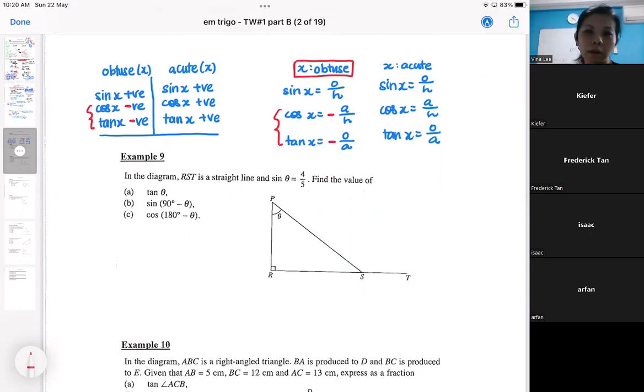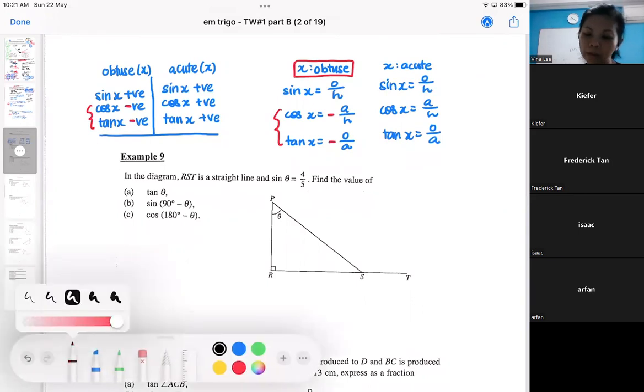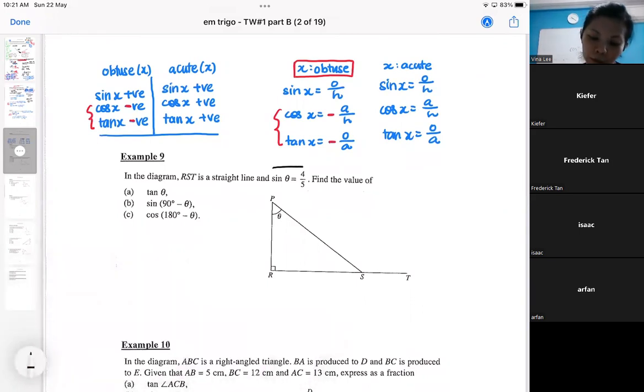Okay, so one minute, you can copy the summary and see how it is applicable. I can show you on example 9. So if you look at example 9, they gave me a ratio. So this is the O, this is the H. You must put in the O and H. So this is 4, this is 5.